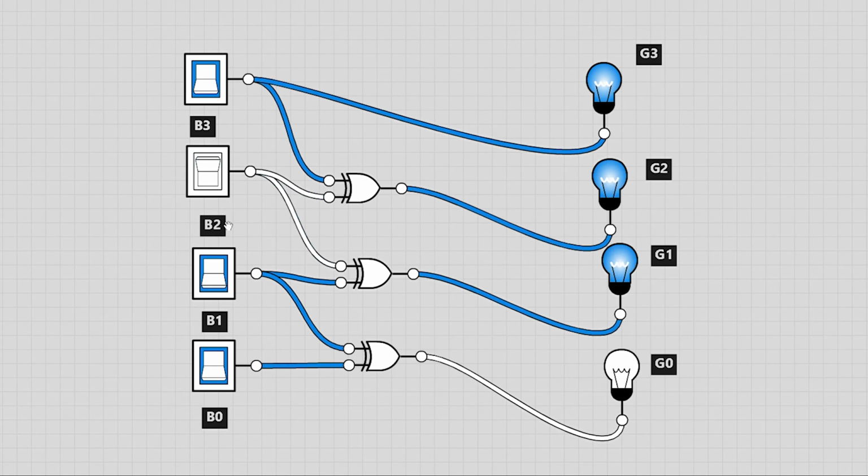When the input B3 is 1, the outputs are G3 is 1, G2 is 1, G1 is 0 and G0 is 0. When B3 is 1 and B0 is 1, the outputs are G3 is 1, G2 is 1, G1 is equal to 0 and G0 is 1. And when B3 is 1, B2 is 1 and B0 is 1, all the outputs are 1.